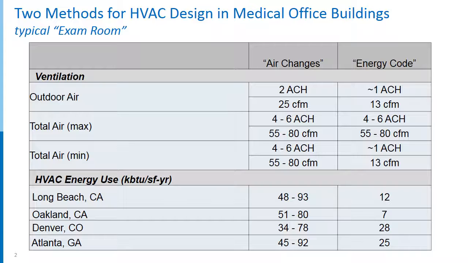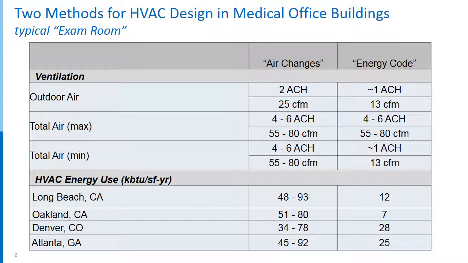So we design the system for a maximum of 4 or 6 air changes, but the minimum is less than a half an air change or about an air change. And about 2/3, 3/4 of the time, it rides right down there at the low end. When we look at the trends from our control systems, the real need for air in exam rooms is more like 1 air change or 1.5 air changes most of the time.